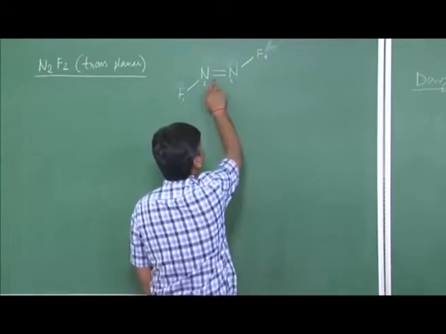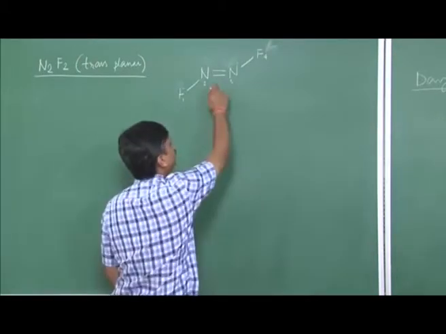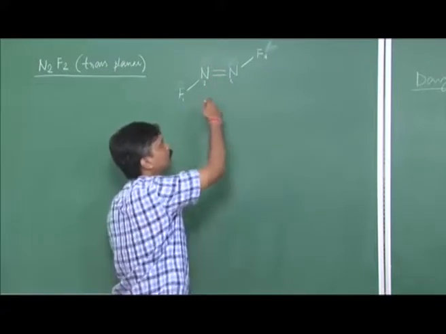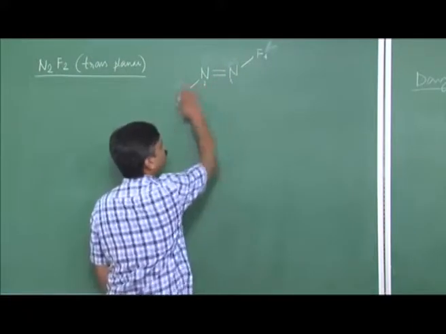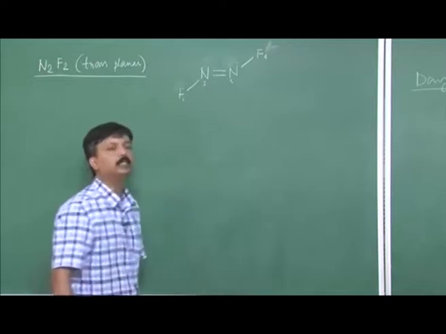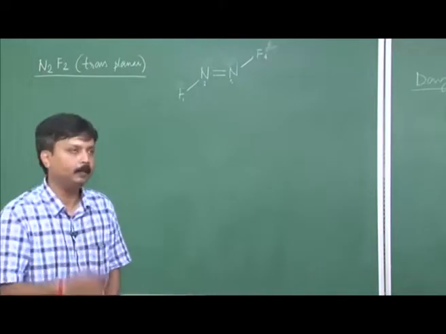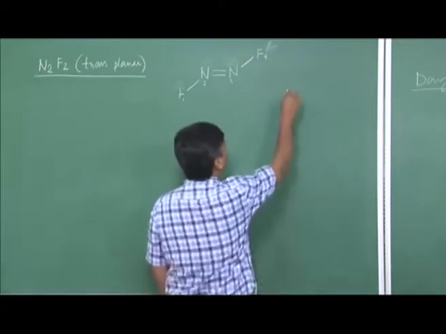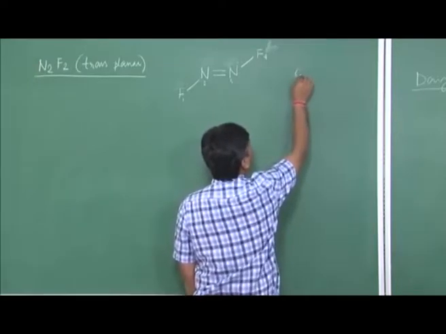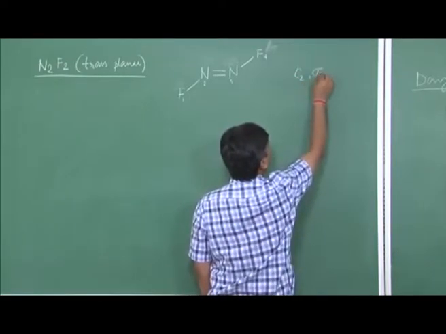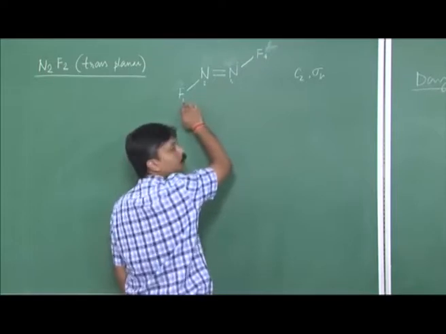First we have to find out the point group of this particular molecule. This has a C2 axis, which is toward you, along the z axis if I assume, and then this is the sigma h plane. So I have C2, I have sigma h, and I also have an inversion center, right?